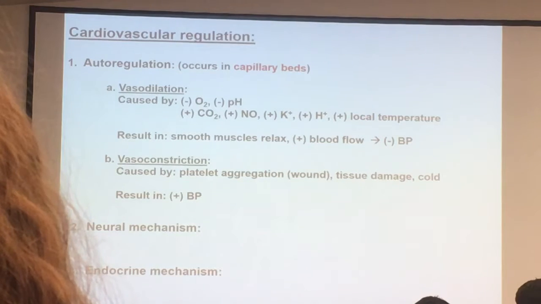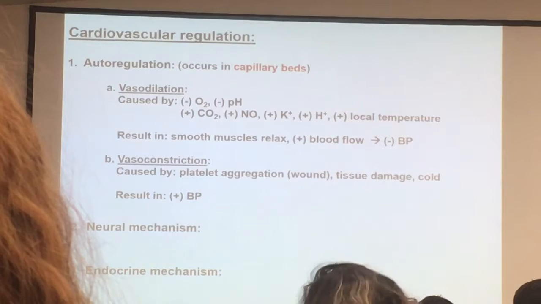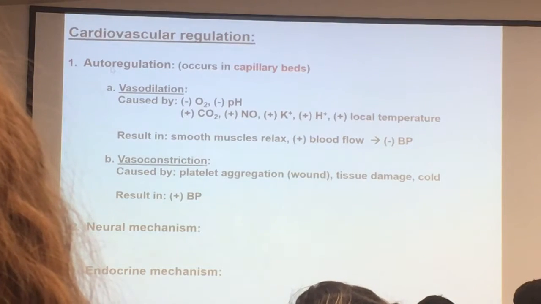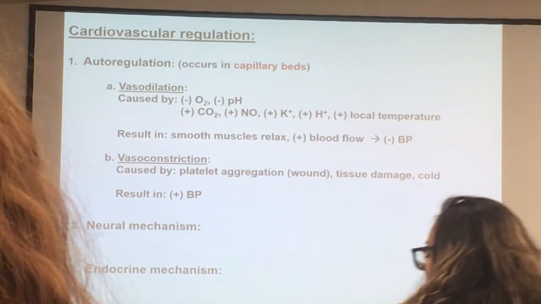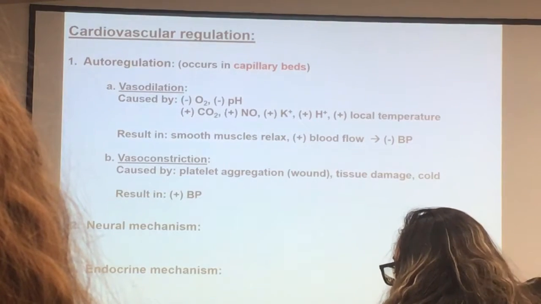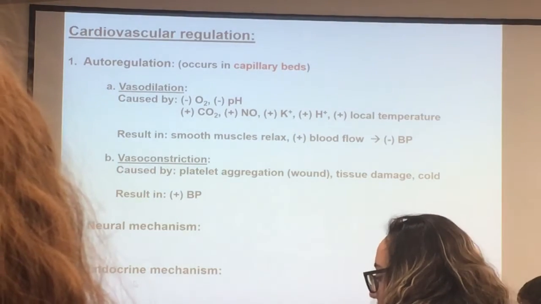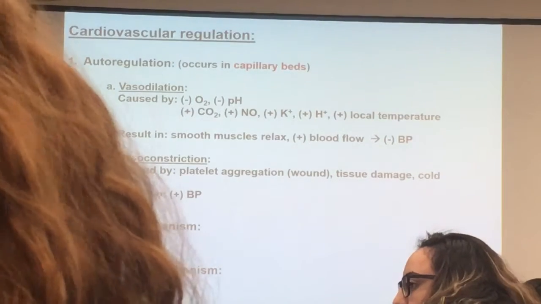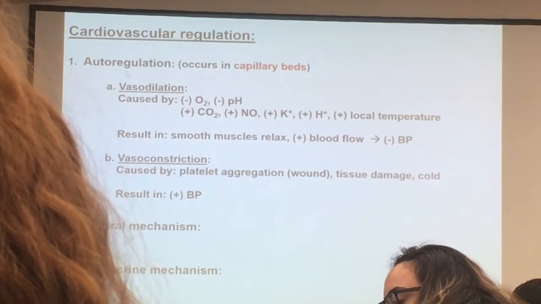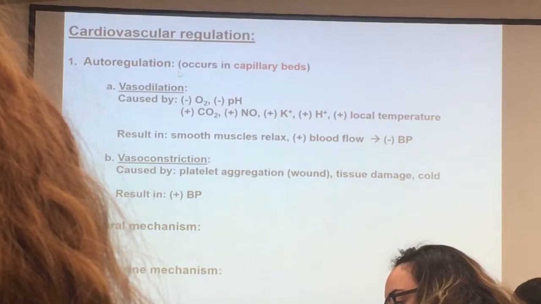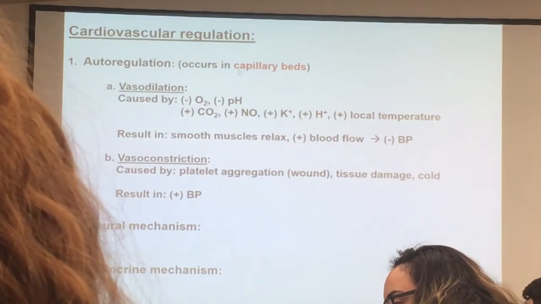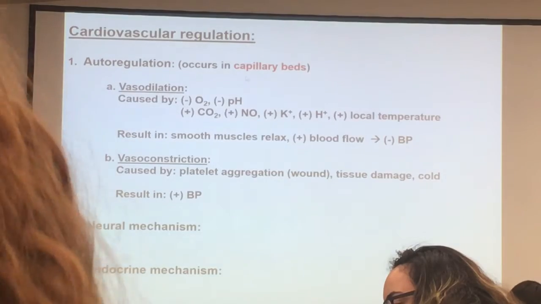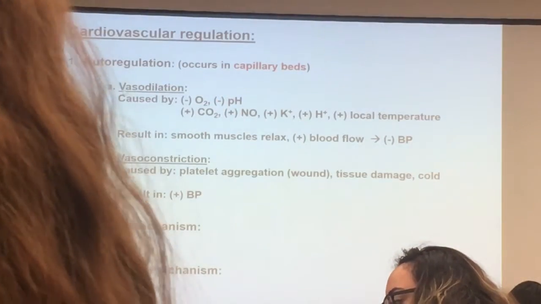Okay, cardiovascular regulation is controlled locally, which we call autoregulation, or by the nervous system, neuroregulation, or by hormones, the endocrine mechanism. Locally, autoregulation means it happens just in the exchange area that we call plexus or capillary beds, or network. Okay.